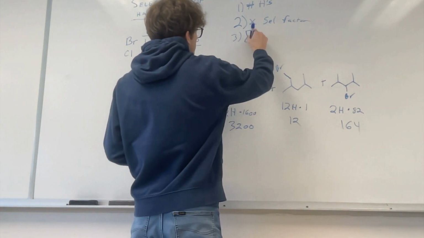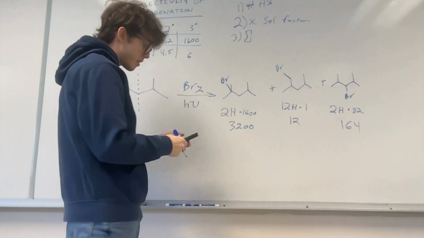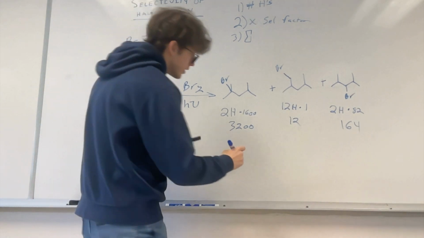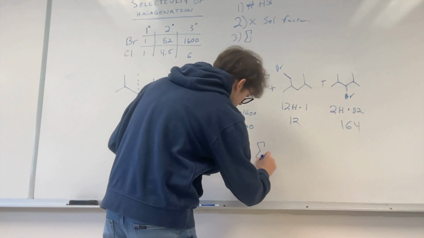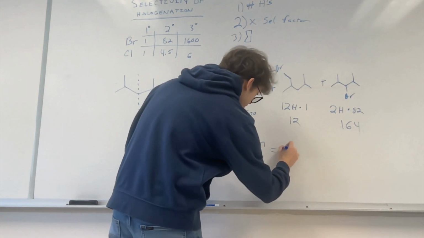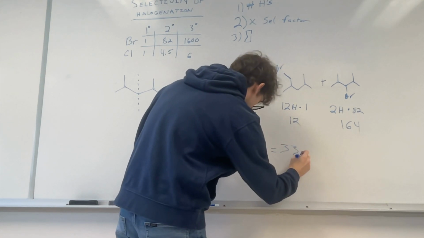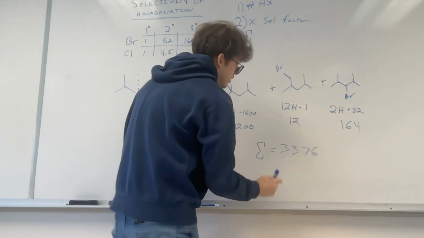So I'll just draw a sum sign. Get the sum. 3,200 plus 12 plus 164 is going to give us a sum that is 3,376. All right.